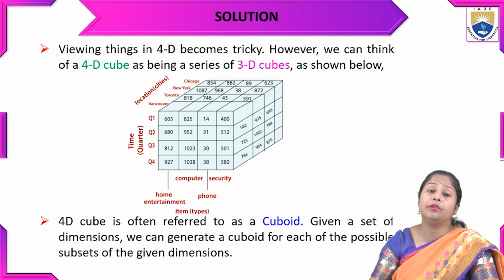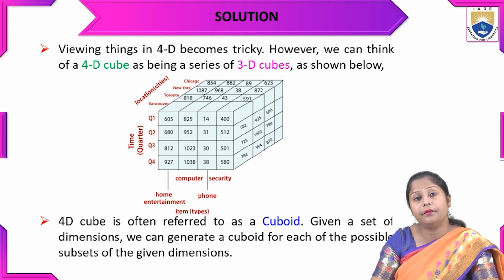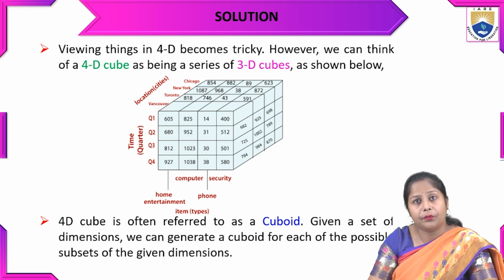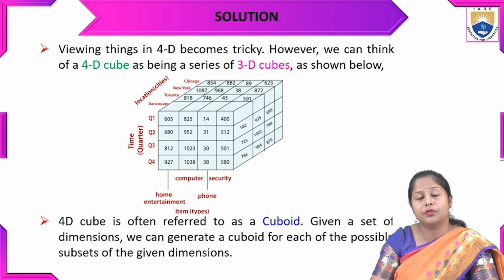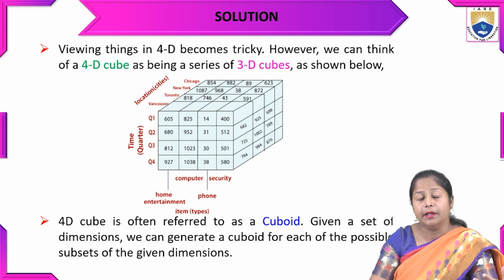So next, viewing these 4 dimensions: we can see time, item, location, and for the 4th dimension, supplier. So these are the 4 dimensions. Viewing things in 4D becomes tricky because we would not understand which facts or measures are stored and related to which particular data cell.